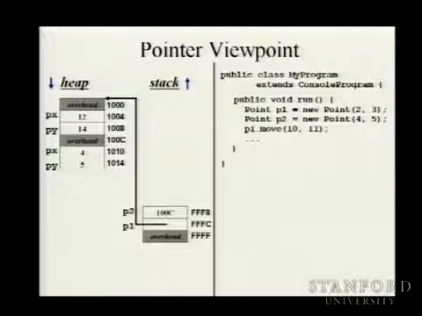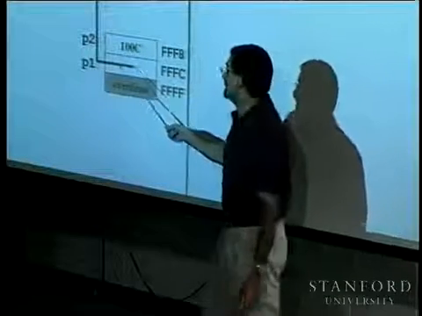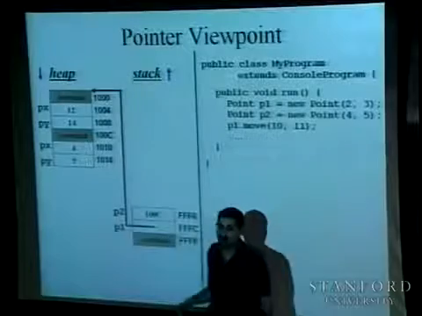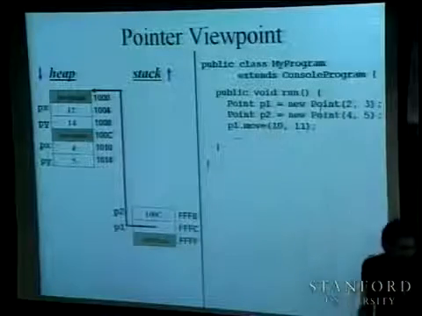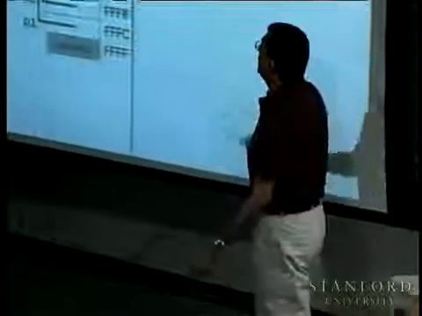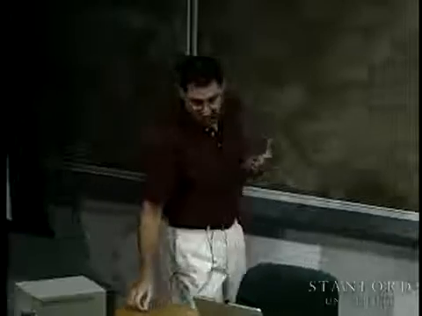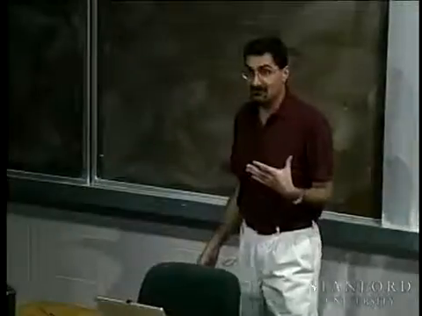It's fun because then you know that you're not going to muck with this variable in here as though it were an integer. This thing is referring to some piece of memory where you're actually storing some object. And similarly, so is P2. Okay? So that's what we like to think of as the pointer viewpoint of the world. It's just the fact that things that are memory addresses are really pointing somewhere. They're telling the machine, look, I know where you live.